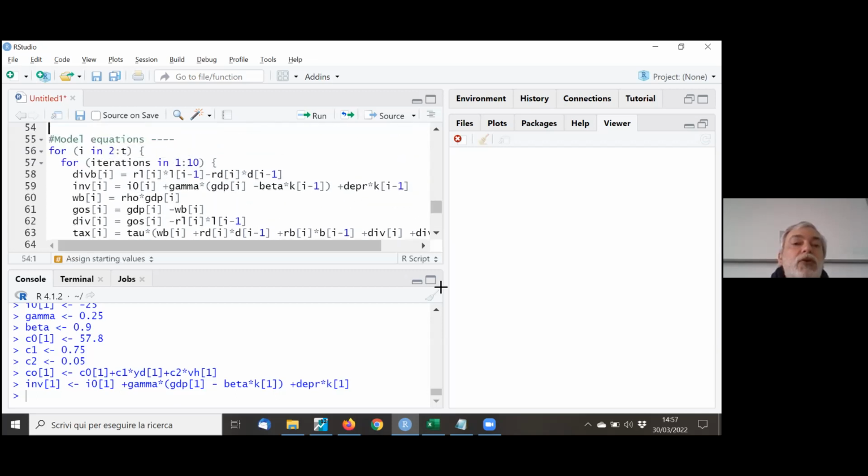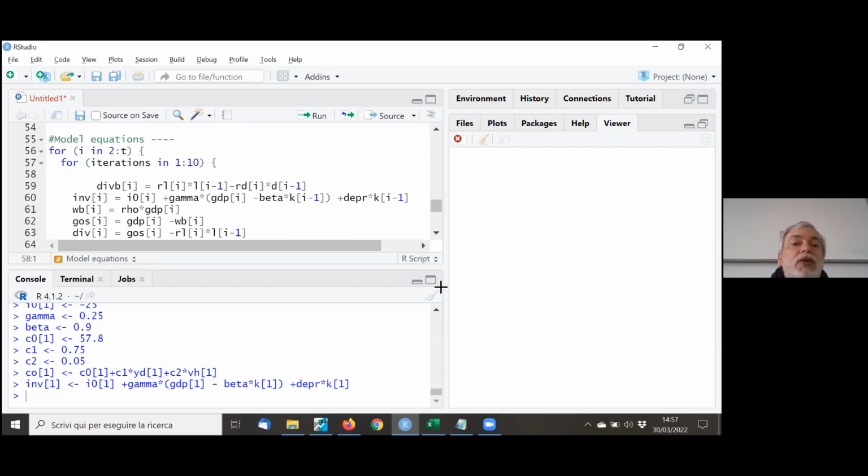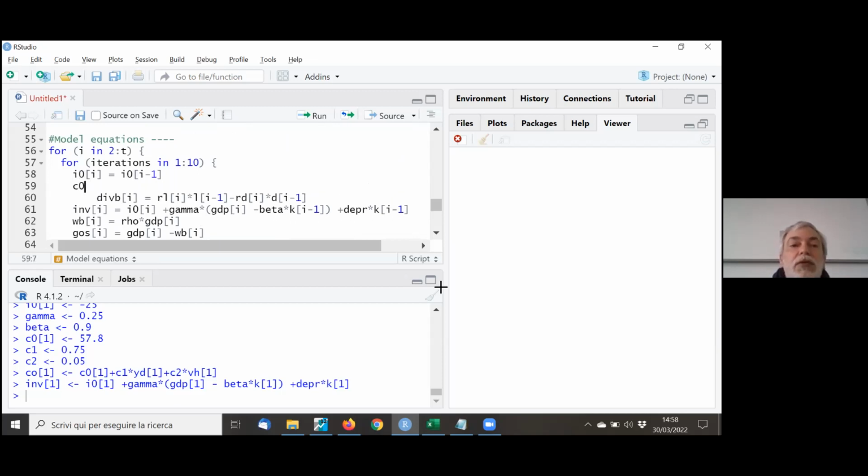Now, what we need to do in here is also to have these intercepts. What we called I0 should be equal to its previous value, right? Because we only defined the first value for I0. And C0 should be the same.